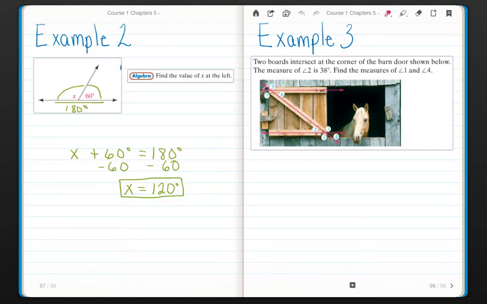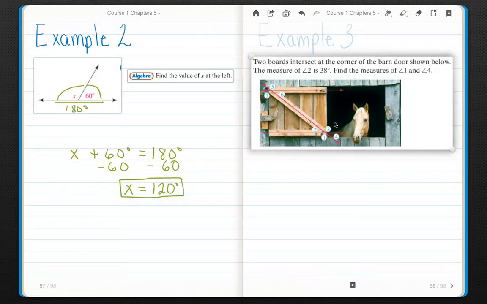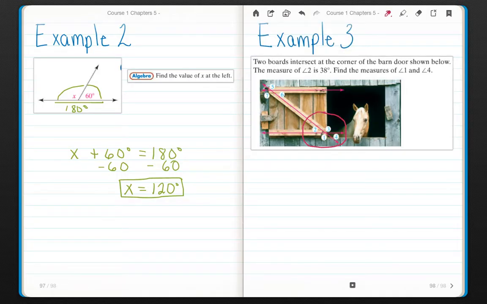So 2 boards intersect at the corner of the barn door shown below. The measure of angle 2 is 38 degrees, and find the measure of angles 1 and 4. So we're really going to be focusing right here. I'm going to take these lines and redraw them a little bit down here.